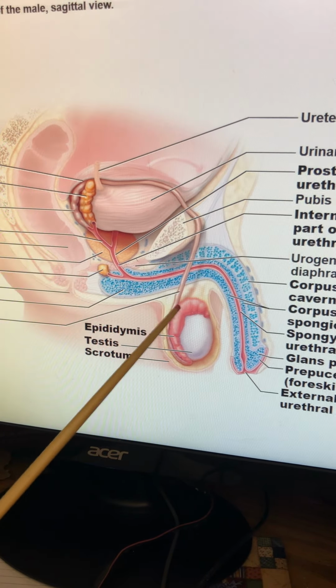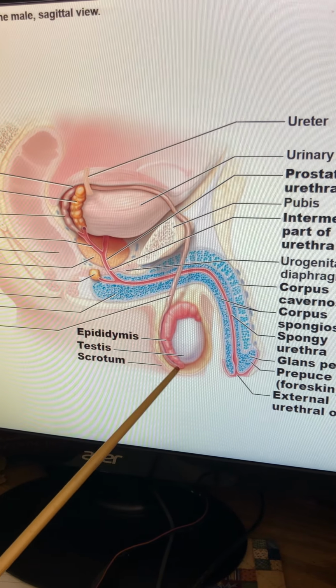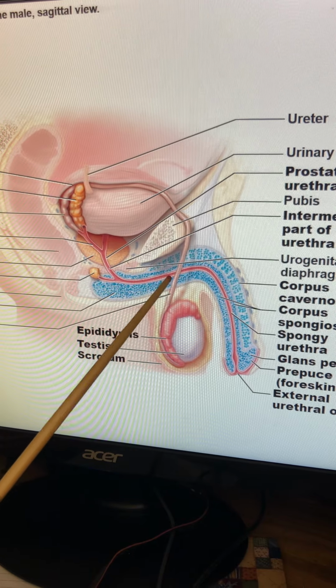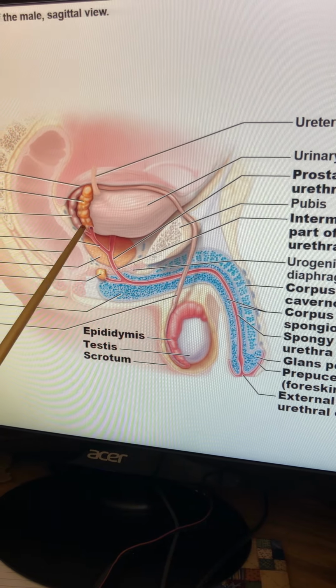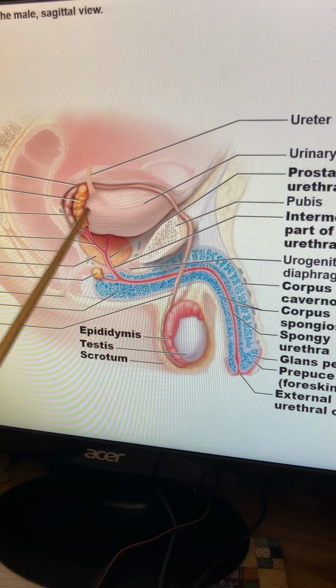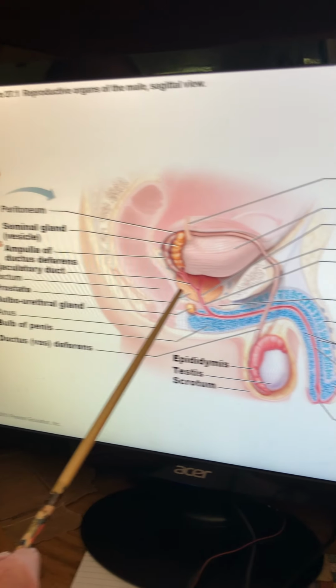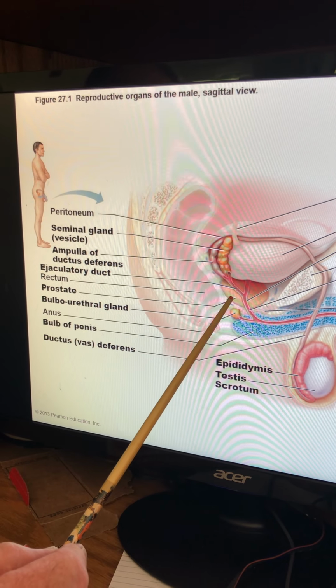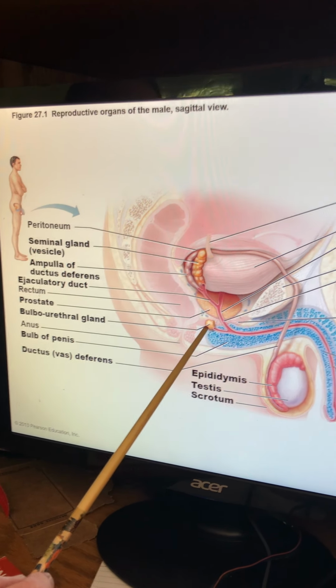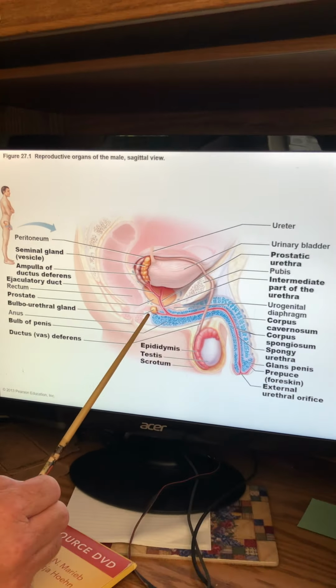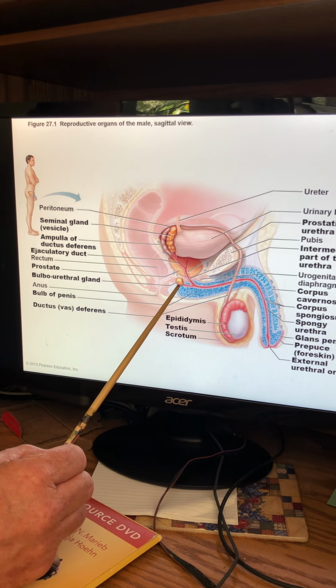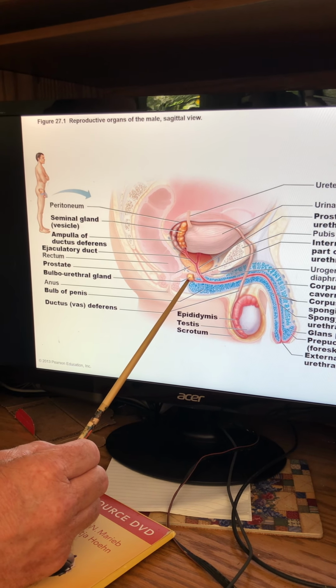The epididymis has a whole bunch of tubes going through it, and then it's going to go up and over and around and eventually pick up some of the secretions from the seminal vesicles. It'll also pick up some of the secretions of the prostate, and then before ejaculation, it's also going to pick up the secretions of the bulbourethral glands, which is also called the Cowper's glands.